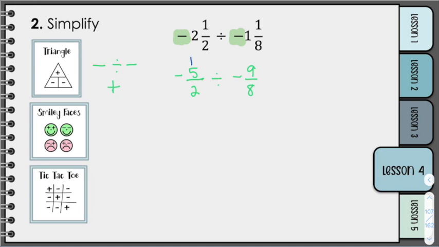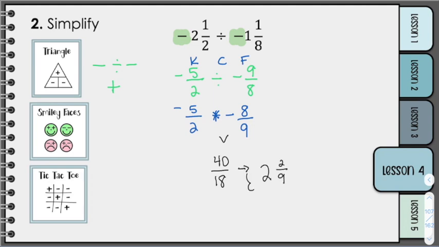I'm going to keep, change, flip. So that means I have -5/2 that I keep. Division turns to multiplication. My negative stays the same, but then I flip my fraction, take the reciprocal, and get 8/9. When I simplify that, I will get a positive 40, because 8 times 5 is 40 over 18, 9 times 2. This simplifies to 2 2/9. And it's positive, because a negative divided by a negative is a positive.